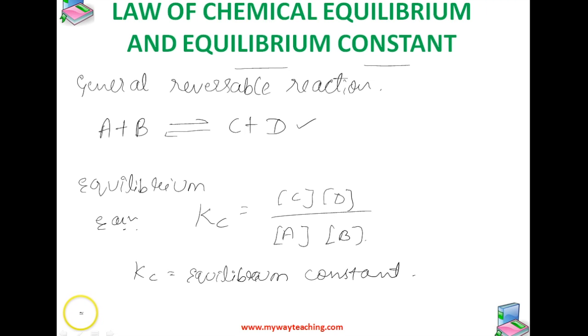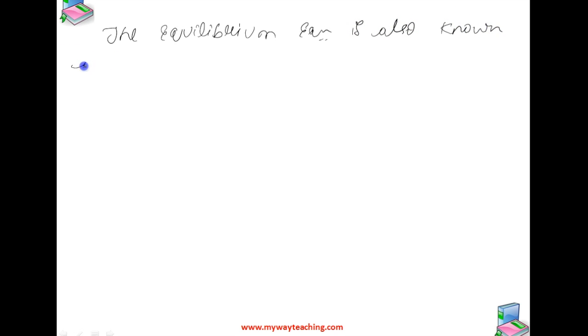The equilibrium equation is also known as the law of mass action, because in the early days of chemistry concentration was called active mass.